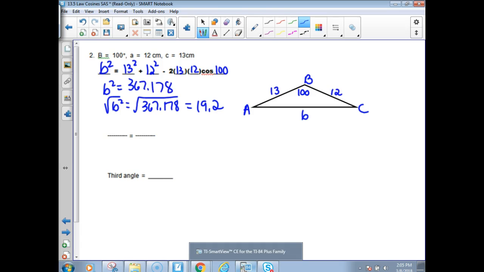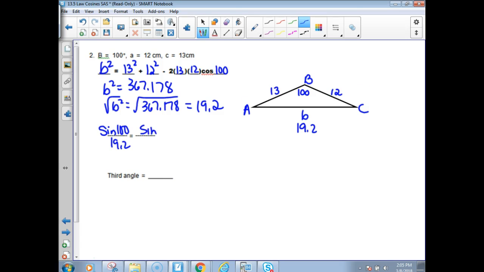Okay. All right, now find an angle. So right now we know B, which would be here, 19.2. So we can say the sine of 100 is to 19.2 as the sine of A is to 12. Do 12 times sine of 100, and then I can't write.